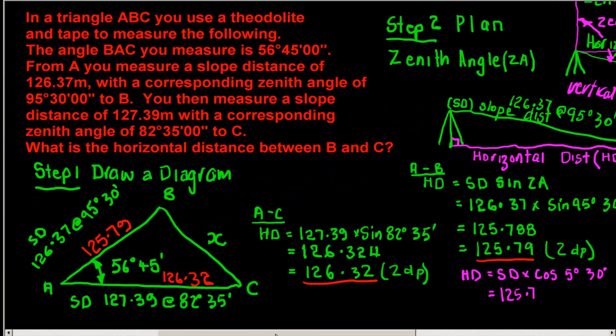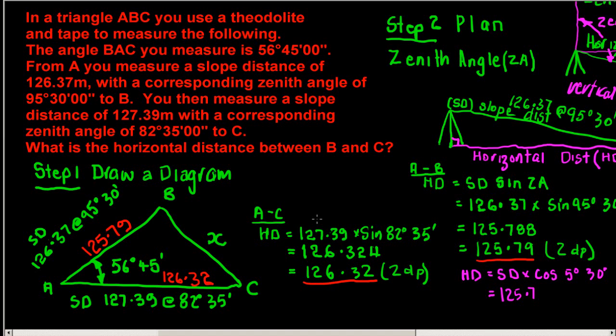In a triangle, you use a theodolite and tape to measure the following. The angle BAC. Well, that was triangle ABC, of course. The angle BAC you measure is 56 degrees, 45 minutes and 00 seconds. From A, you measure a slope distance of 126.37.